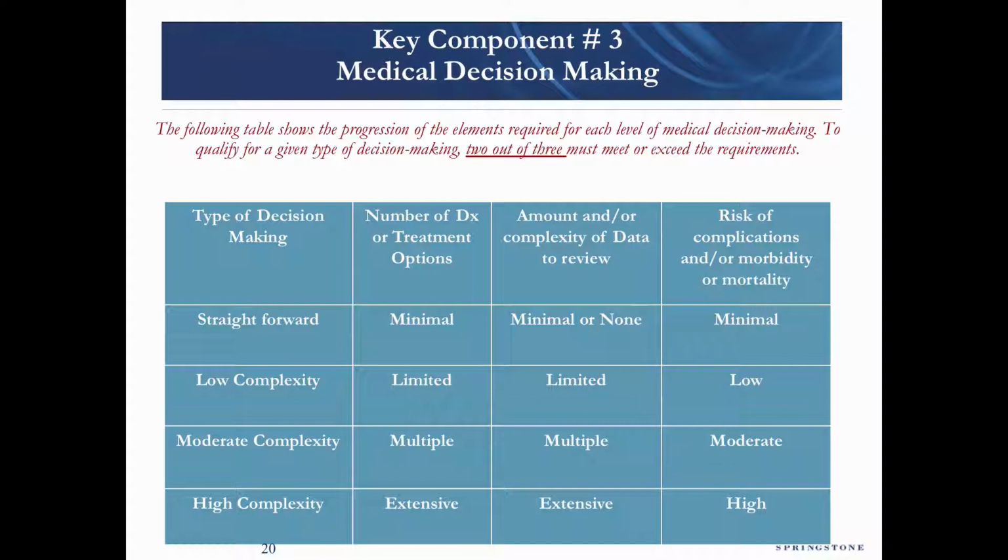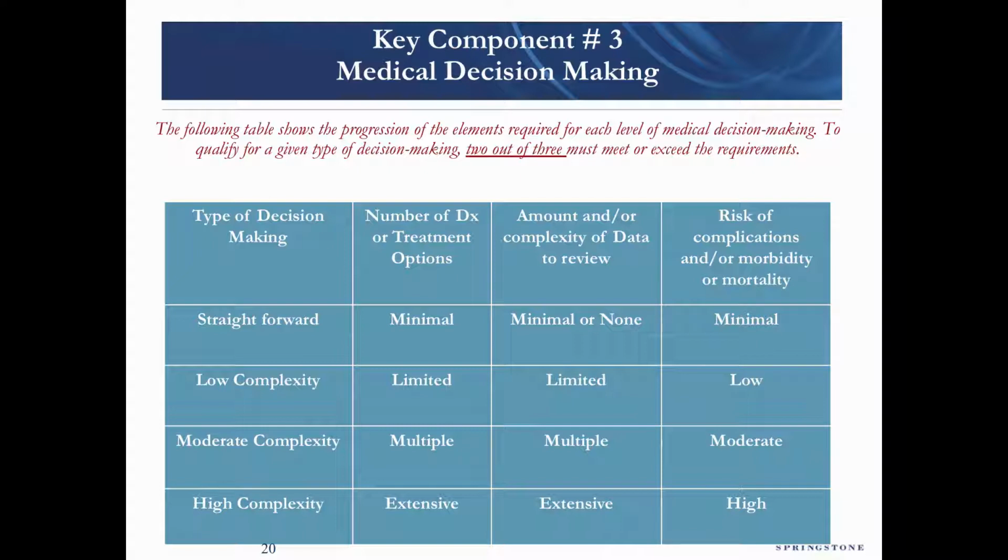The 3 parts of medical decision making are the number of diagnoses or treatment options, or another way to think of it is management options, the amount and or complexity of data to be reviewed, and the third is the risk of complications, of morbidity, mortality. So it's number of management options, amount and or complexity of data, and risk.